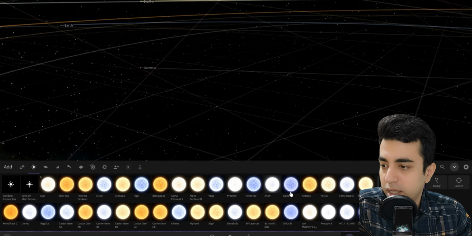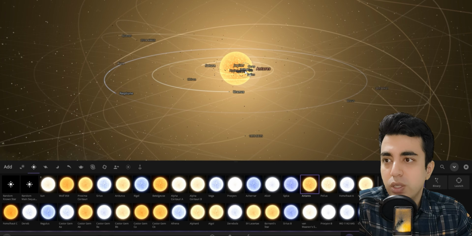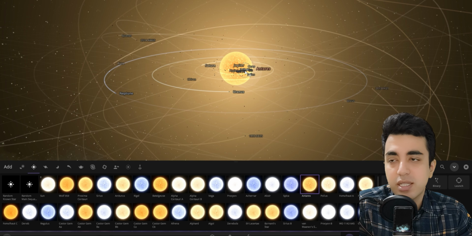So the sun is probably going to be something like this in a red giant phase. And after that, eventually the sun will shed its outer layers, leaving behind a hot core called a white dwarf.